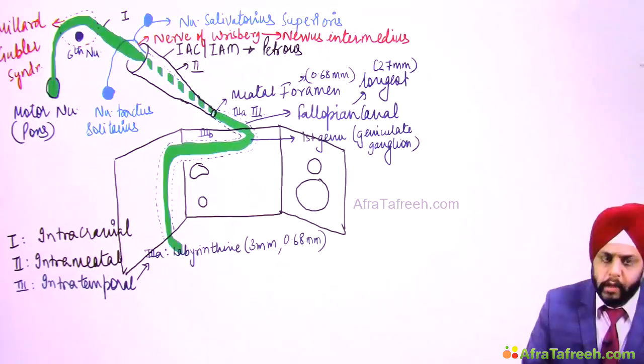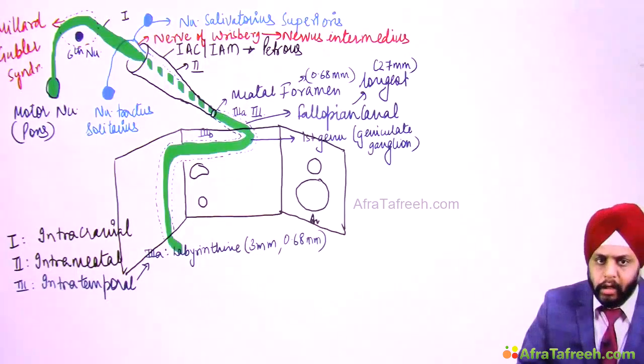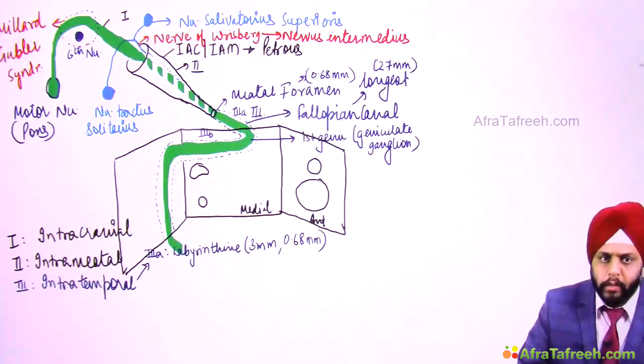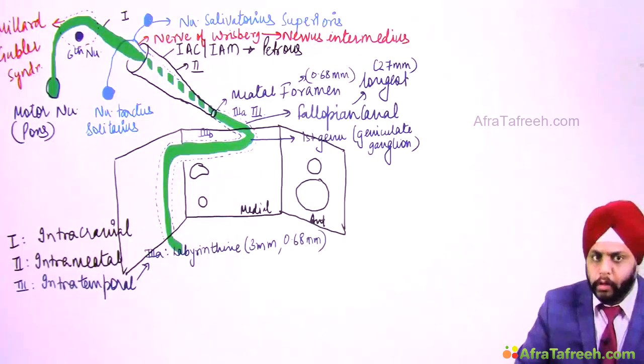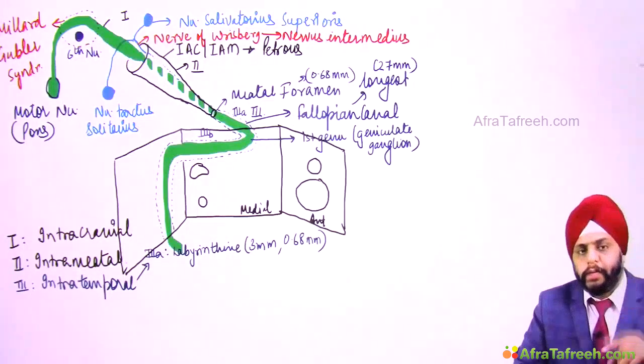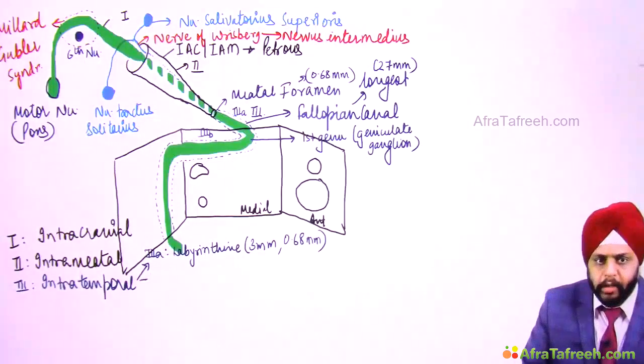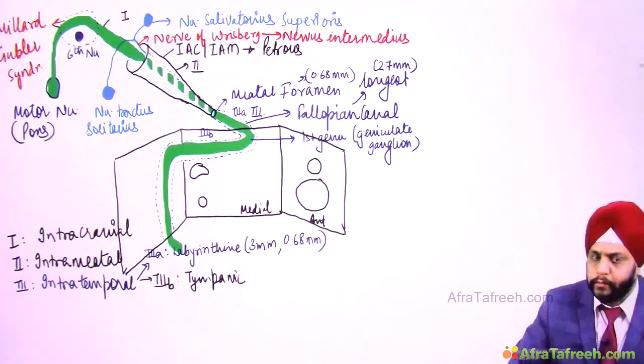Okay, so we discussed the anatomy of the middle ear, the anterior wall, the medial wall, the posterior wall. Okay, so we can see over here the oval window, the round window, and now we know segment 3B. What is segment 3B? The segment 3B is the horizontal segment. We also call it the tympanic segment of facial nerve.